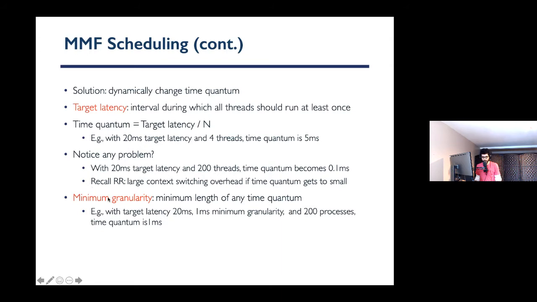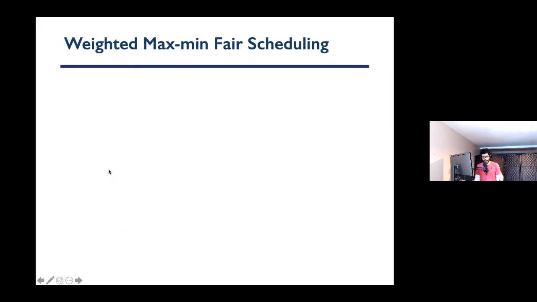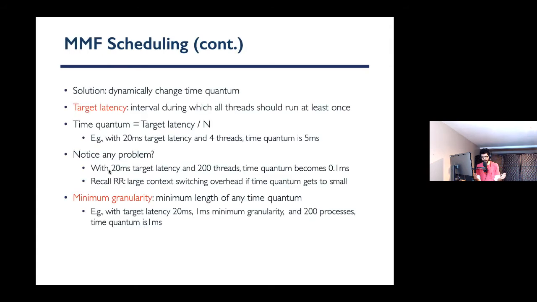You should stay with the minimum. So this is one fix we made to make our system more responsive, changing the time quantum. And if you really have equal weights between all your threads, and all your threads are always available, then this is basically round robin with dynamic time quantum length.